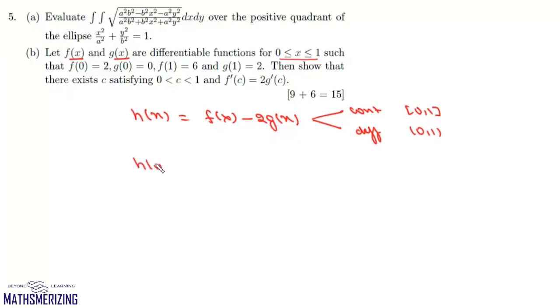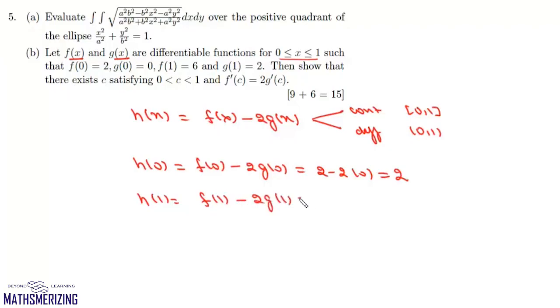Now if we find h(0), it will be f(0) minus 2g(0), which is 2 minus 2 into, and the value of g(0) is 0. So the value of h(0) is 2. And if we find h(1), it will be f(1) minus 2g(1). Now f(1) is 6 minus 2 and g(1) is 2. So 6 minus 4 is 2. So from here we get the condition that h(0) must be equal to h(1).